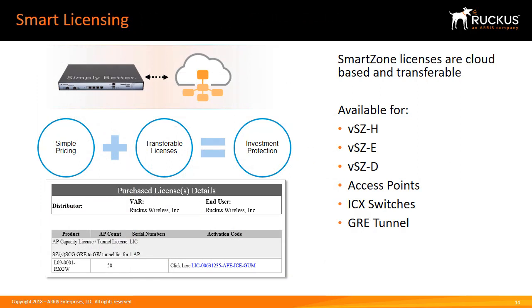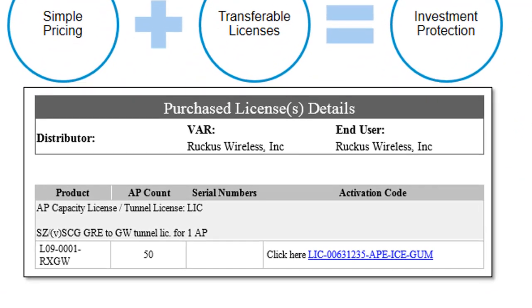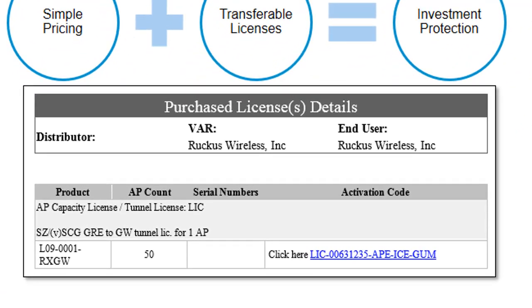Licenses are required for the Virtual SmartZone controller, the Virtual SmartZone data plane, access points, ICX switches, and non-Ruckus GRE tunnels. Flexible license options give organizations the freedom to manage licensing according to their business needs.